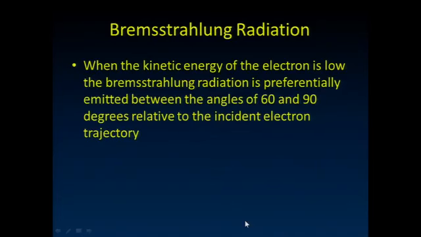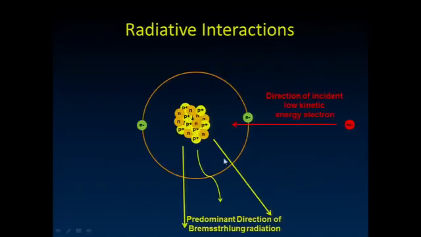And that's the Bremsstrahlung, or braking radiation, that we see produced as we slow down and change the path of that particle. It turns out that when the energy of that electron is low, that Bremsstrahlung radiation is emitted preferentially in a particular angle.